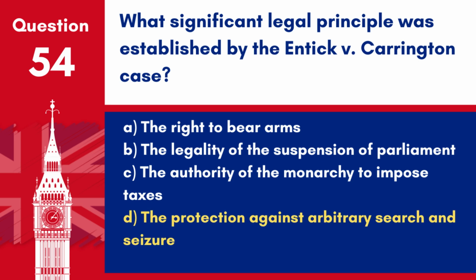Answer: D. The protection against arbitrary search and seizure. The Entick v. Carrington case in 1765 established the important legal principle in common law that individuals are protected from arbitrary search and seizure, influencing legal systems in the UK and beyond.